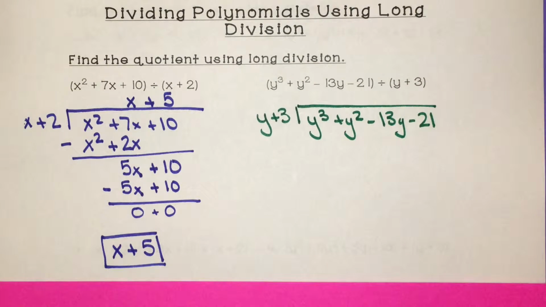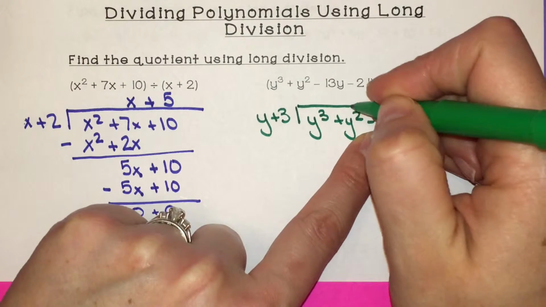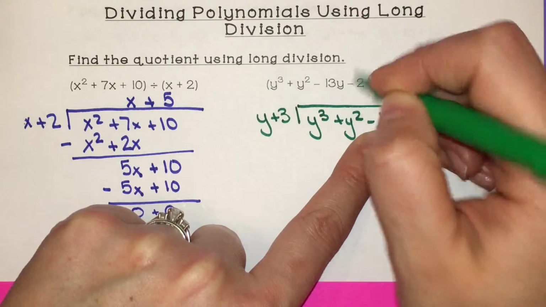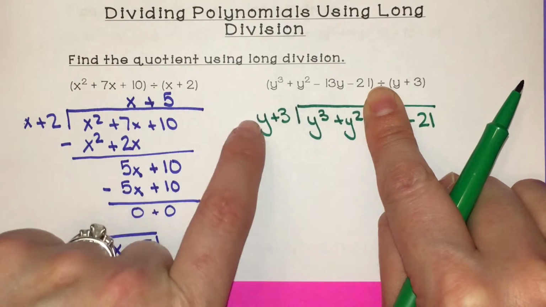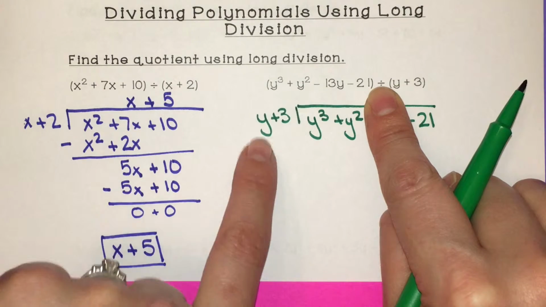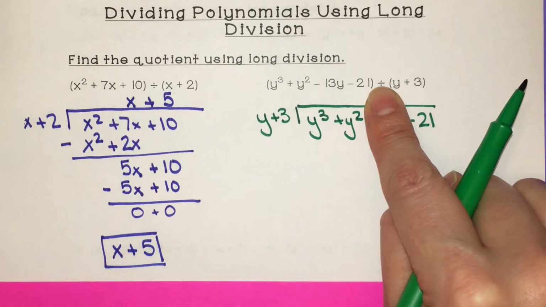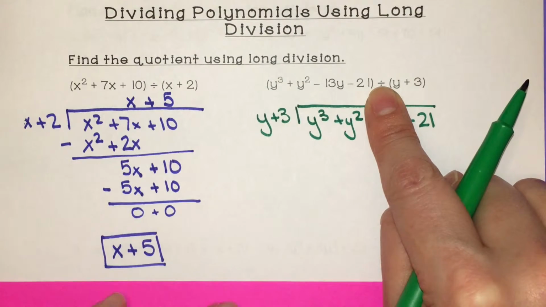All right, so I'm going to look at the first two terms. Whatever I multiply by has to go right above that second term, because if I multiply by one term, when I multiply it by what's down here, I will get my two terms, because it's like distributing, multiplying it by each term out here.